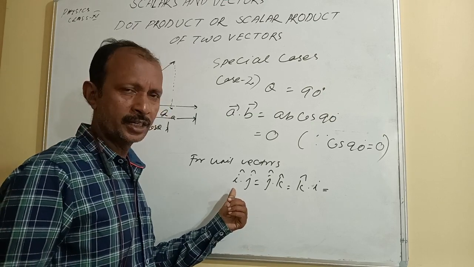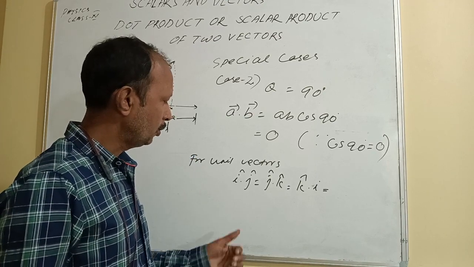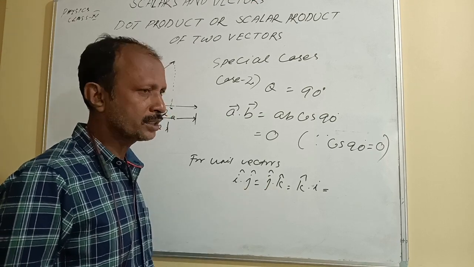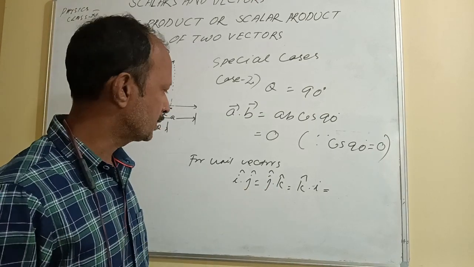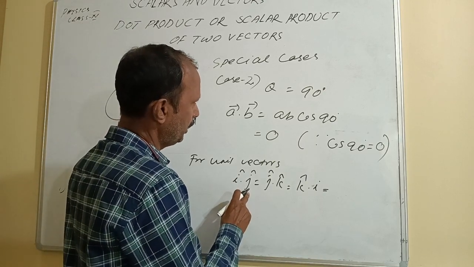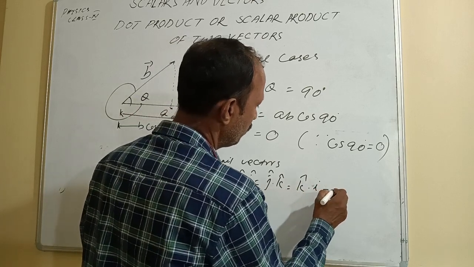This i stands for the direction along the x axis, j stands for the y axis and k stands for the z axis. In this case, i dot j, j dot k or k dot i will be equal to 0.